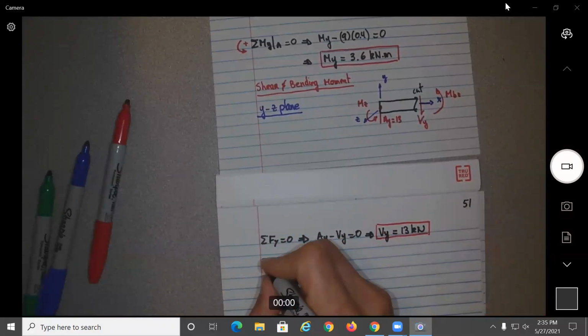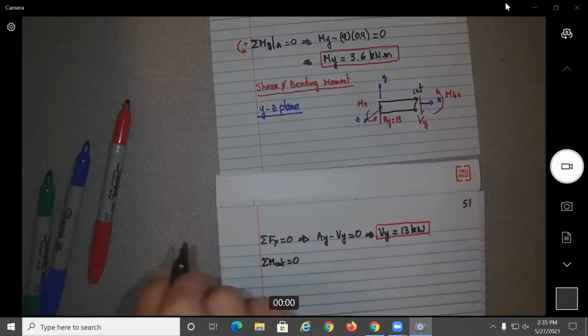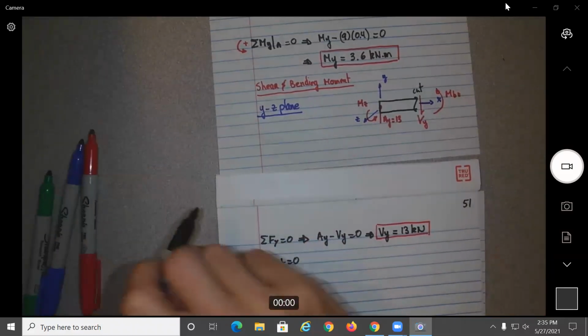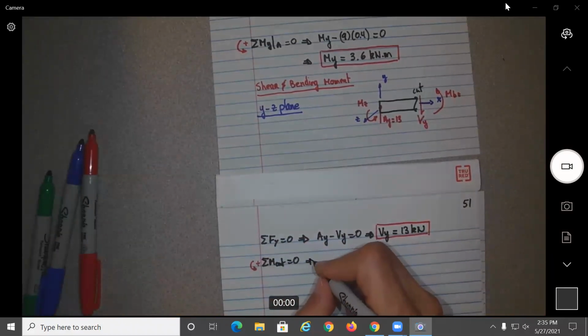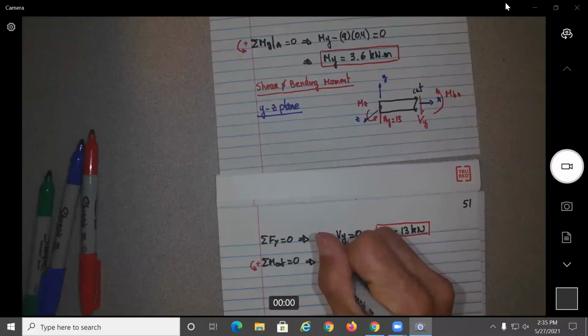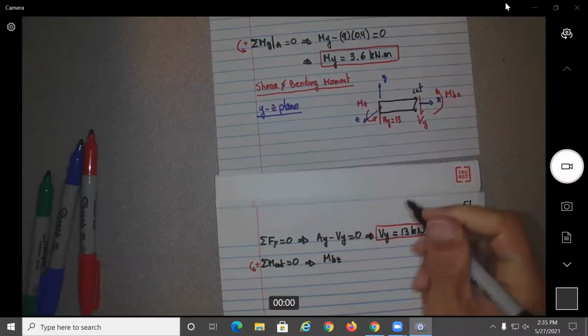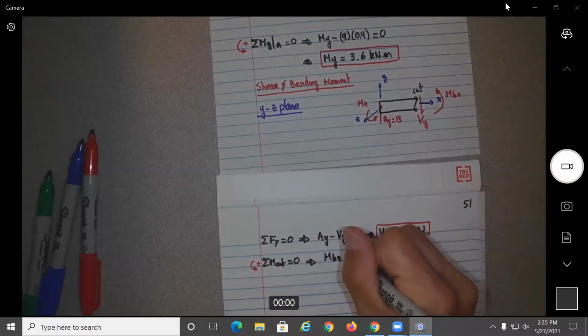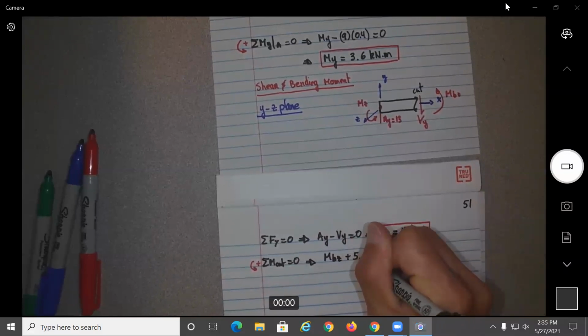And if we apply the moment equation about the cut, this will give MBZ plus the MZ that was plus 5.2. I'm gonna start putting values.